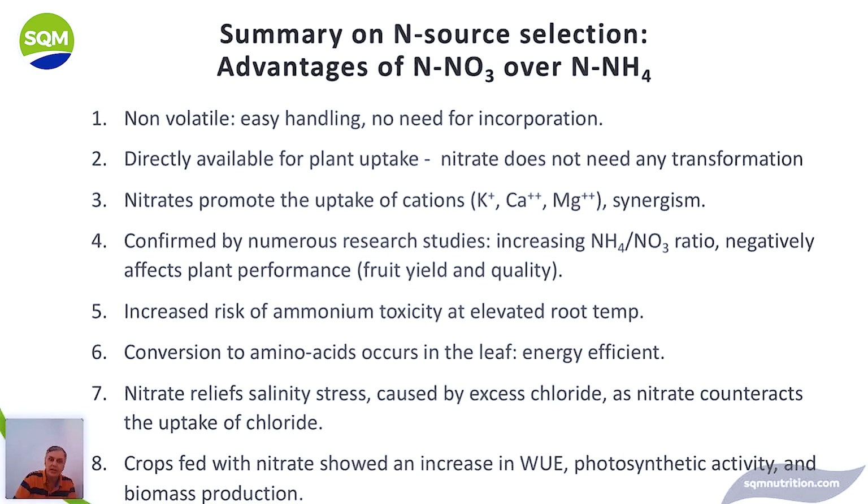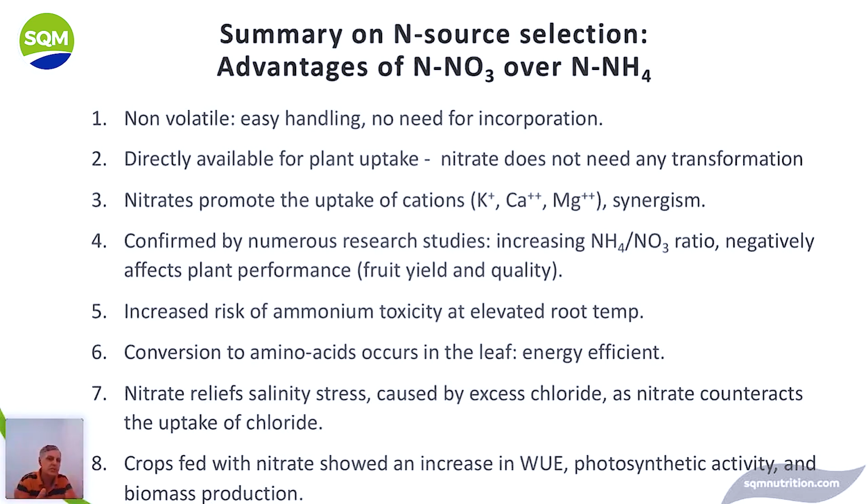Ammonium toxicity in elevated temperatures: keep in mind, if you are in an area with higher temperatures, you can have some damage in your root system because of ammonium toxicity. The conversion of amino acids from nitrates occurs in the leaf, so it's much more efficient.